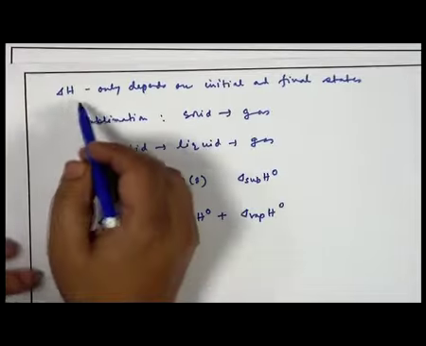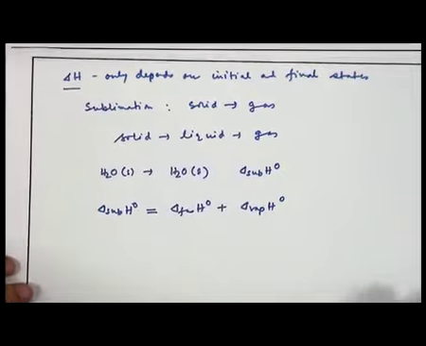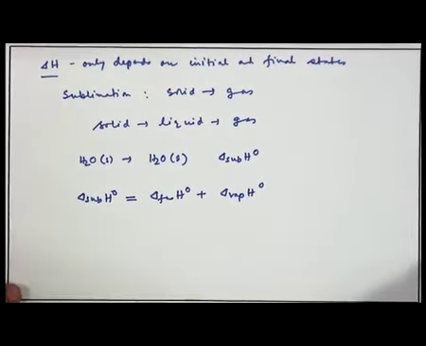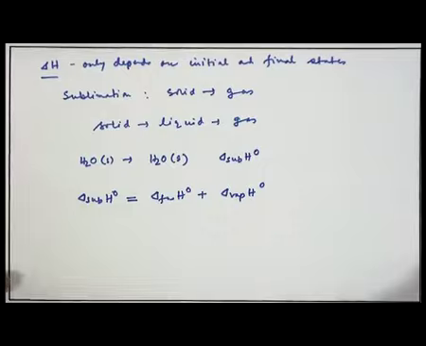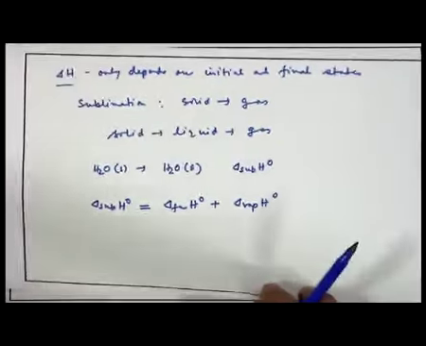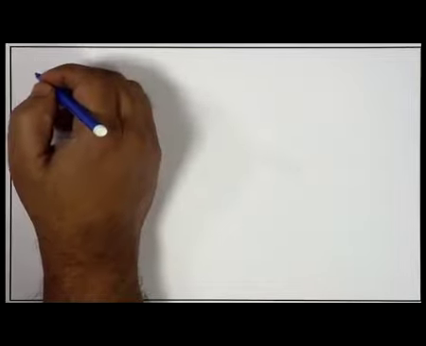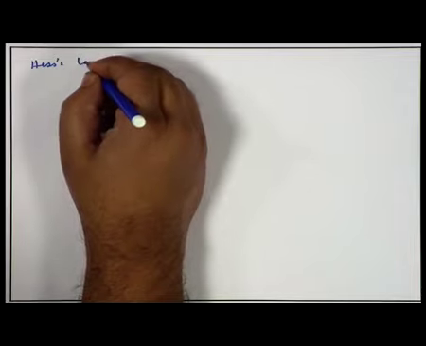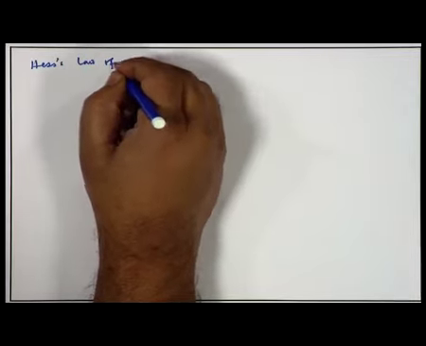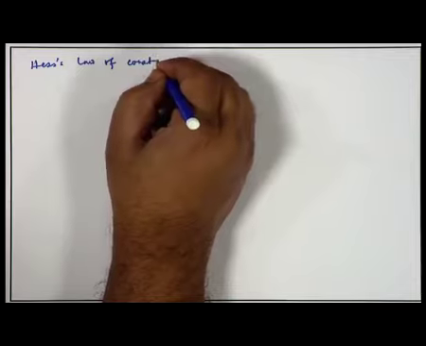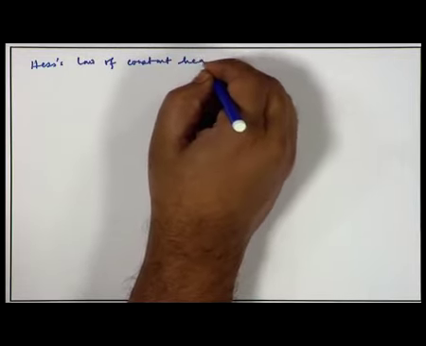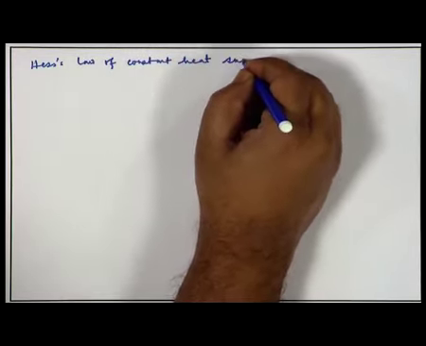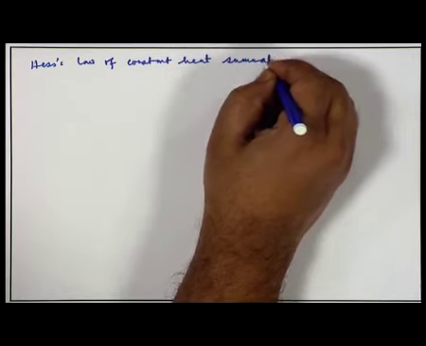Now, this is related to what we many times call that delta H only depends on the initial and final state. So, this is the principle behind Hess's law of constant heat summation, which we will now discuss.